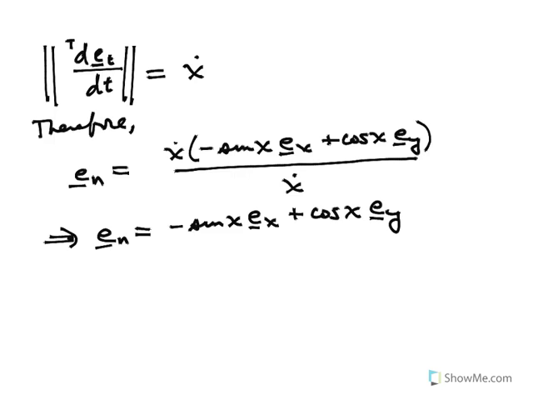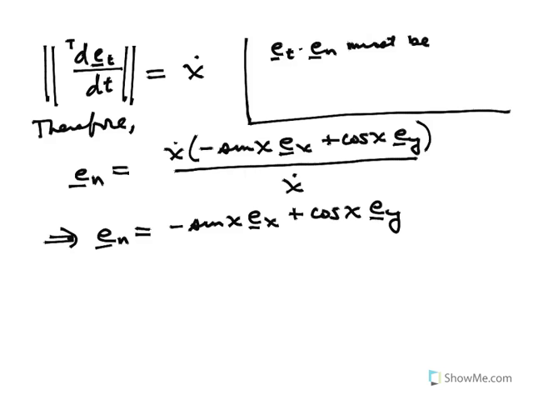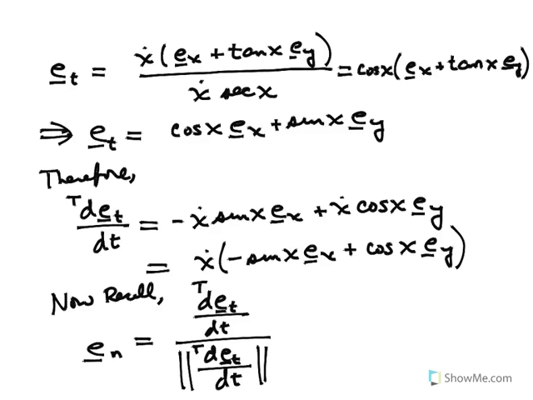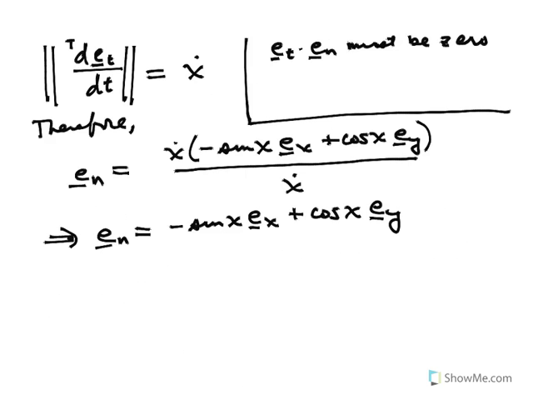Now, how can we verify partially that we've computed the tangent vector and the normal vector correctly? One thing we know is that because these are basis vectors, et dotted with en must be 0. So what happens if we compute ET dotted with EN in this case? ET is cosine x EX plus sine x EY.